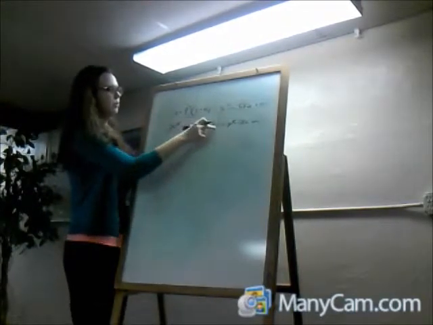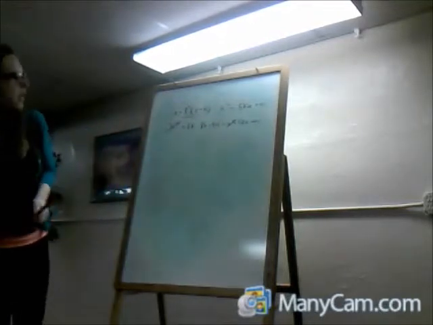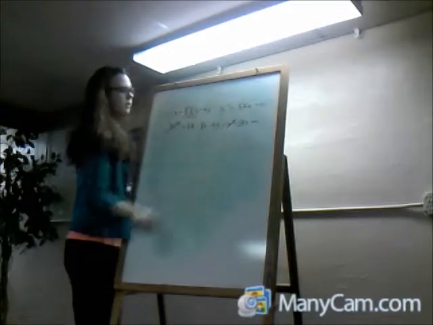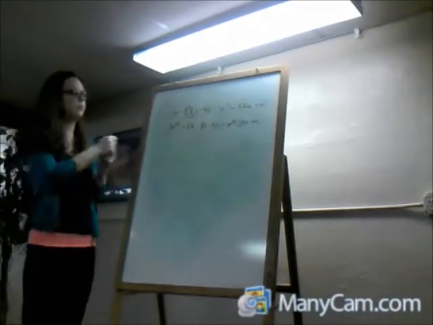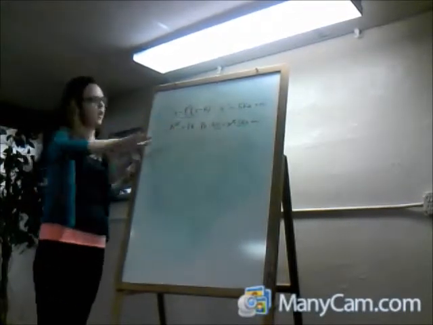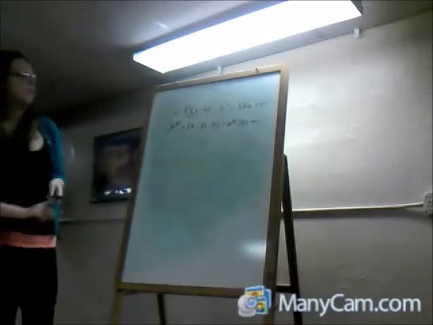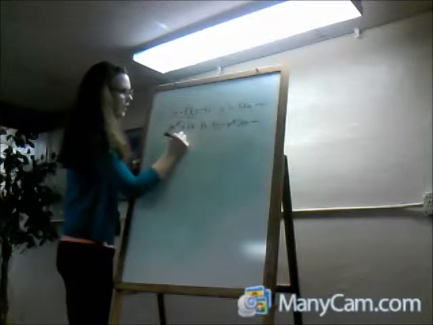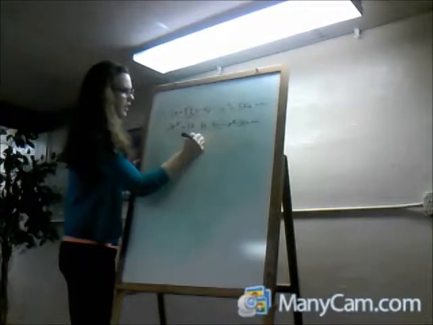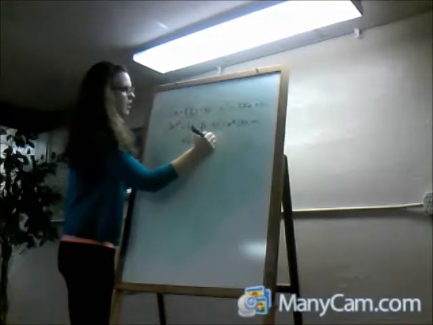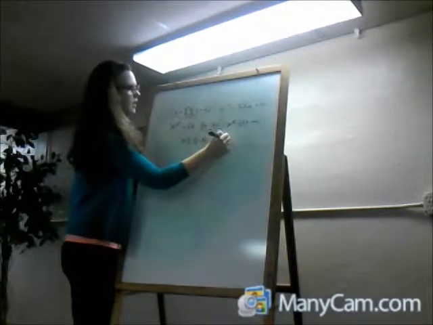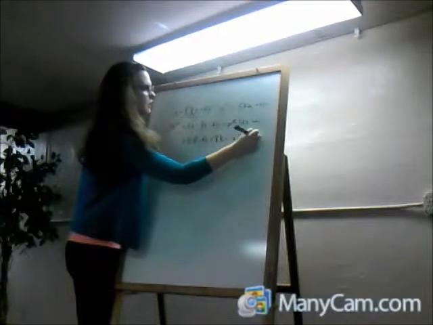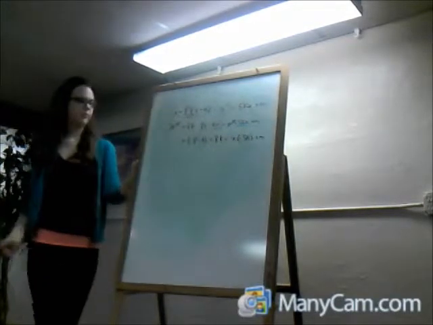Here are terms with x. I'm not going to bring them to the other side, I'm first just going to group these. So we have x times negative 8 minus k, plus 8k, equals x times negative 5k plus m.